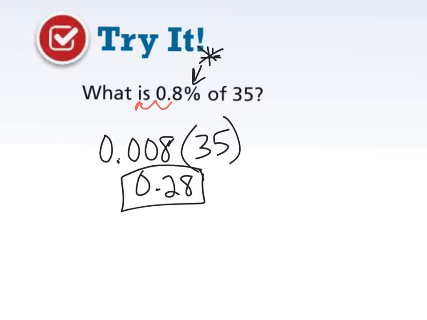Again, this is less than 1%. Remember we talked about the other day, you got 100 boxes. We're filling in less than 1 box, and we only had 35 to begin with. So definitely expecting a small number. One kind of a benchmark here you guys could use for this one would be to think about what's 1% of 35.